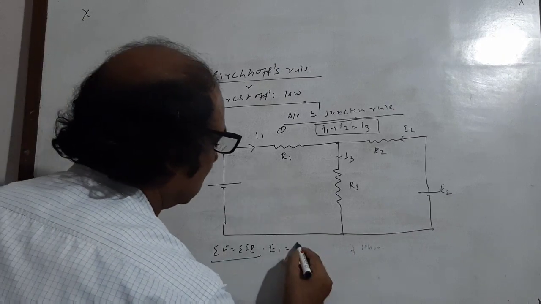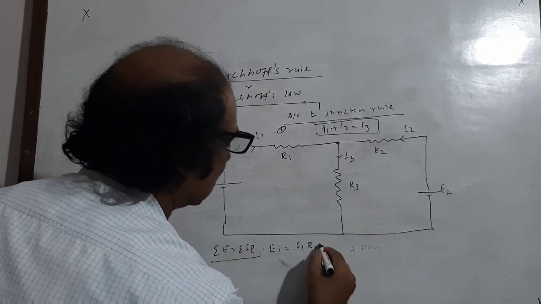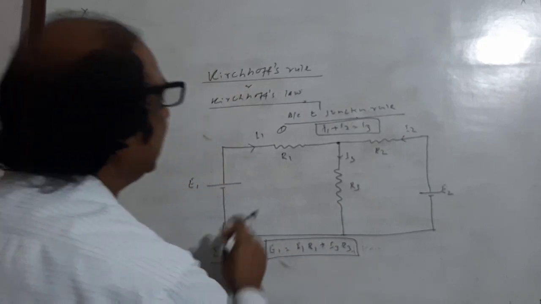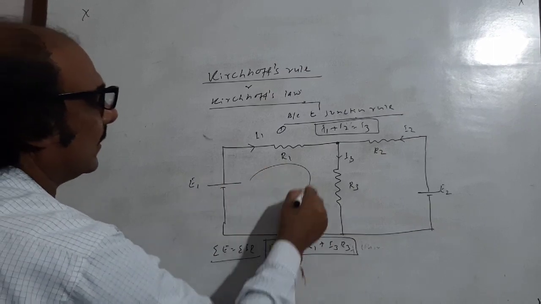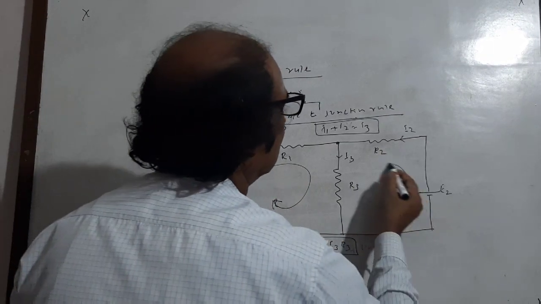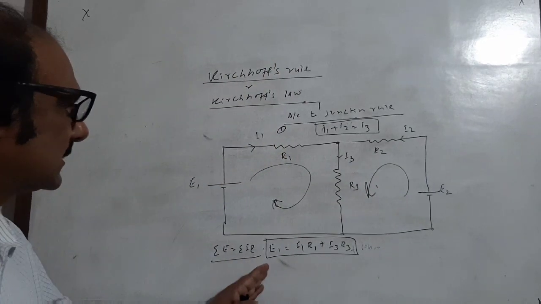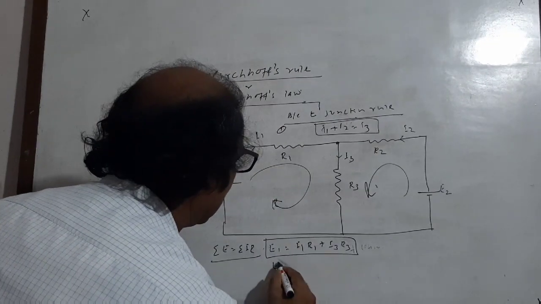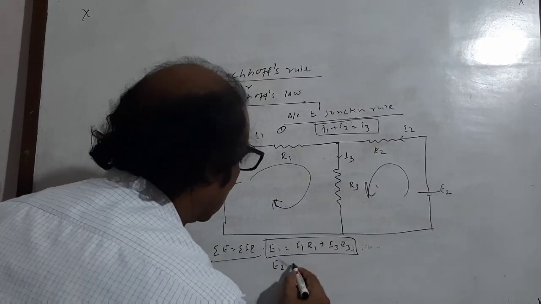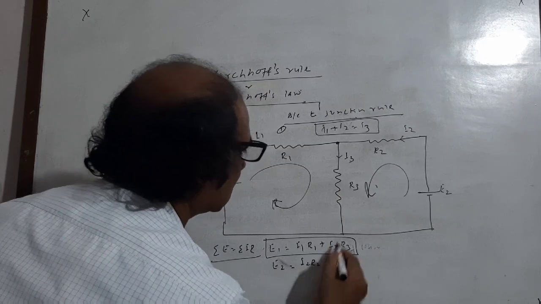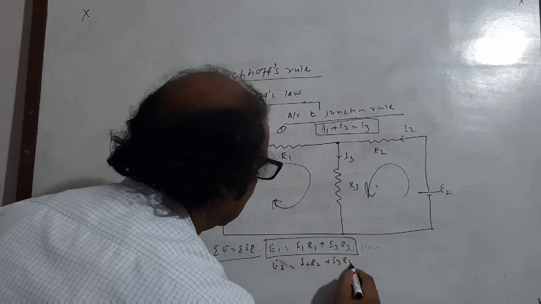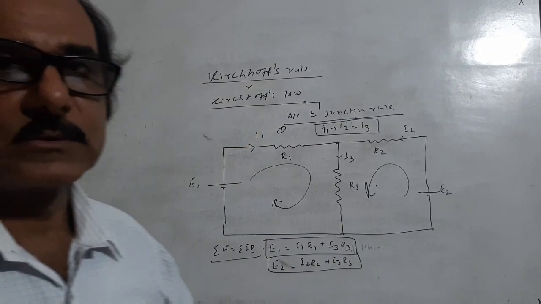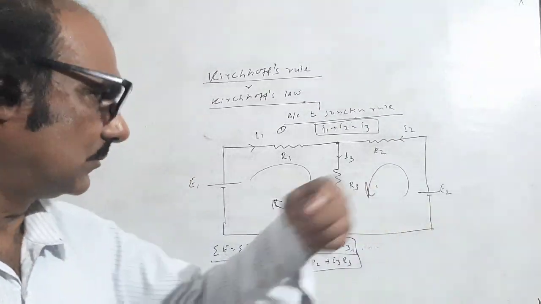So E1 equal to I1 R1 plus I3 R3 in this loop, and also in this loop, sum of E, there is only a single cell of EMF E2, so it can also be represented as E2 equal to I2 R2 plus I3 R3. So this is the simplest form to understand what is meant by Kirchhoff's first rule and Kirchhoff's second rule, the current rule and voltage rule.